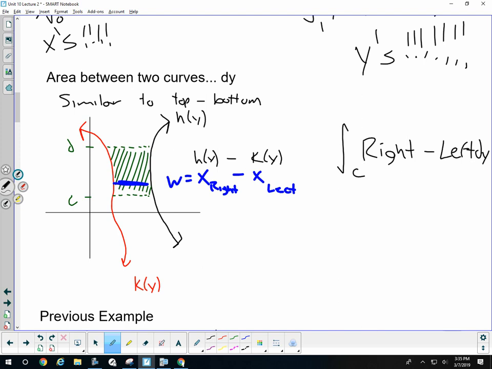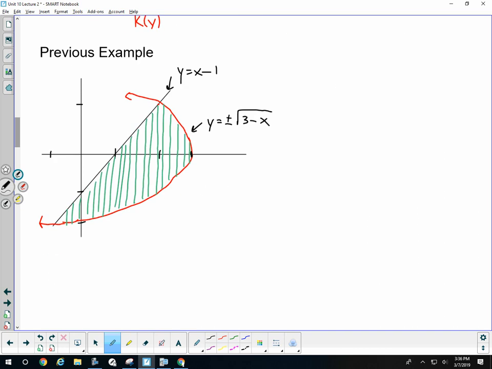We are going from a y to a y. These equations will be x equals y's. Okay? Now we're going to do the previous examples that we've already looked at, only we're going to do it using this alternate approach.